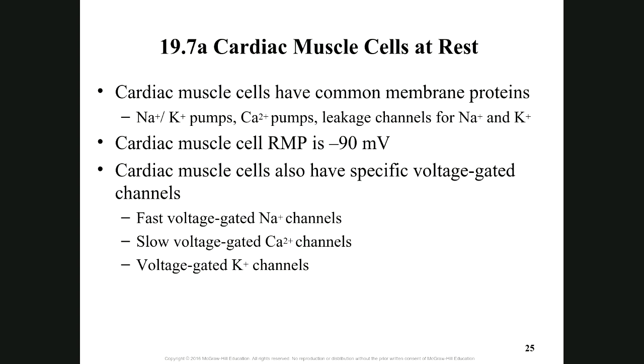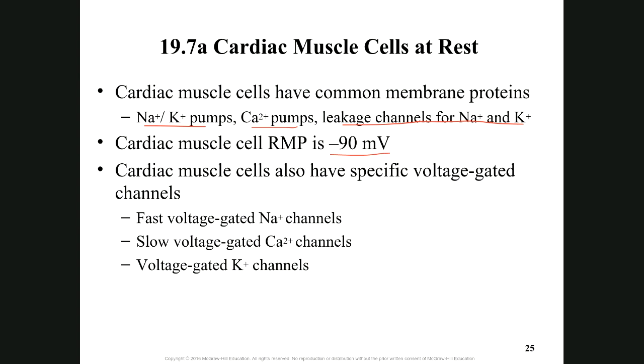Now, I want to talk about the cardiac muscle cells at rest. The cardiac muscle cells have common membrane proteins. We have the sodium-potassium pump, the calcium pump, and leakage channels for sodium and potassium. The cardiac muscle cell resting membrane potential is negative 90 millivolts.